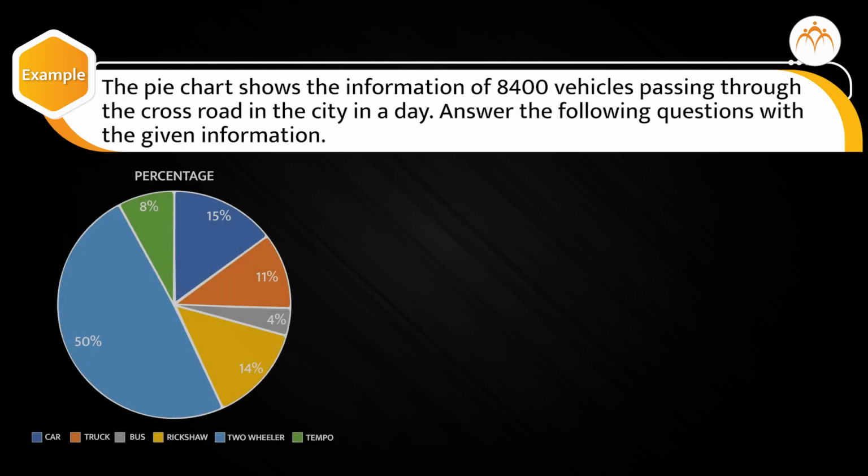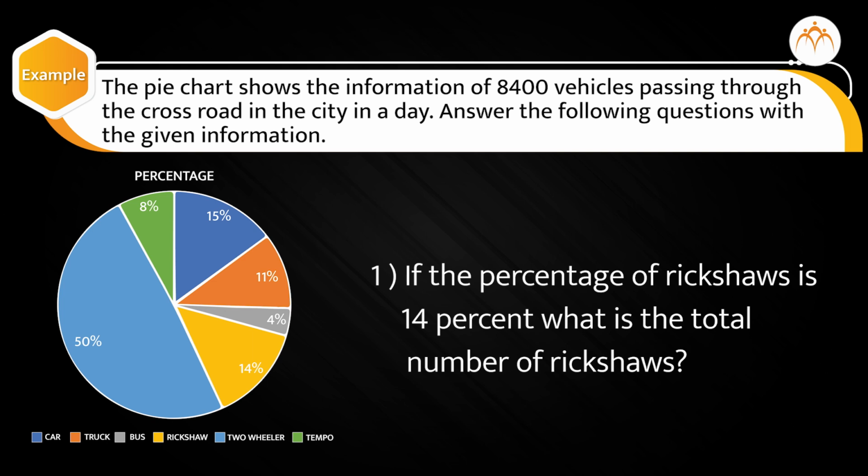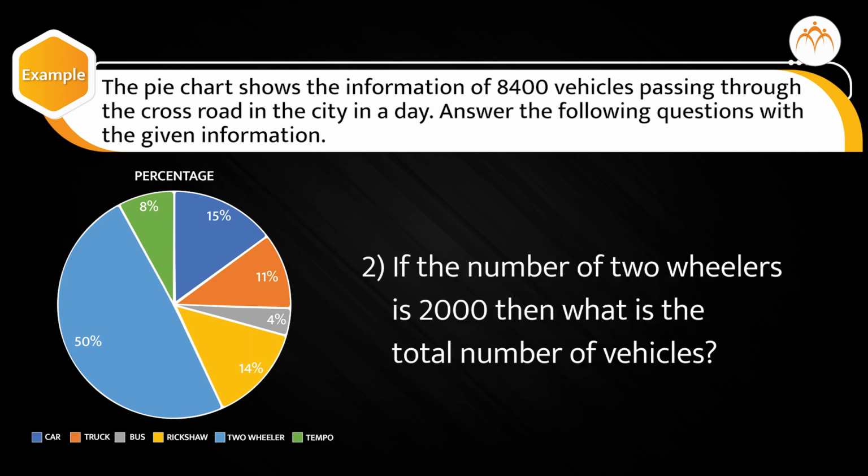Example: the pie chart shows the information of 8,400 vehicles passing through the crossroad in the city in a day. Answer the following questions with the given information. First question, if the percentage of rickshaws is 14%, what is the total number of rickshaws? Second, if the number of two-wheelers is 2,000, then what is the total number of vehicles?